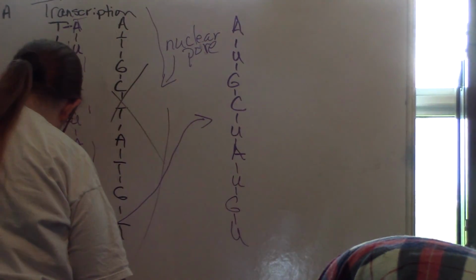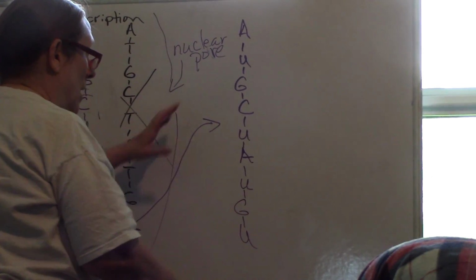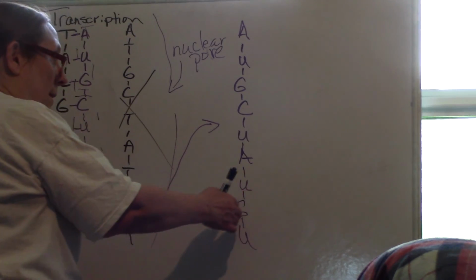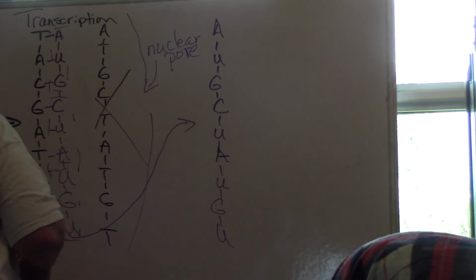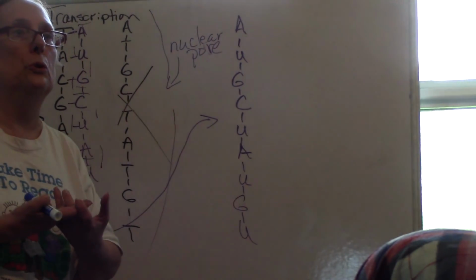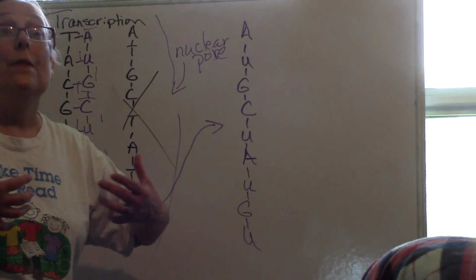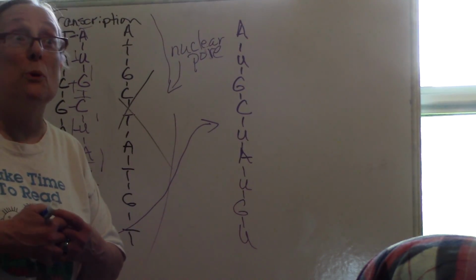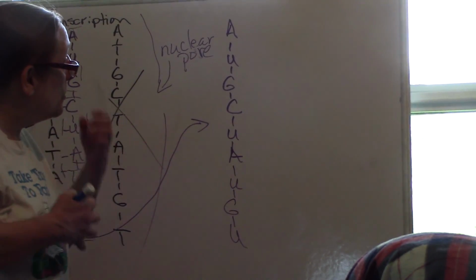Okay, this is still our messenger RNA. It's out in the cytoplasm. And what it does is it moves to the countertop where the actual protein, the recipe, is going to be put together. So that's what happens.